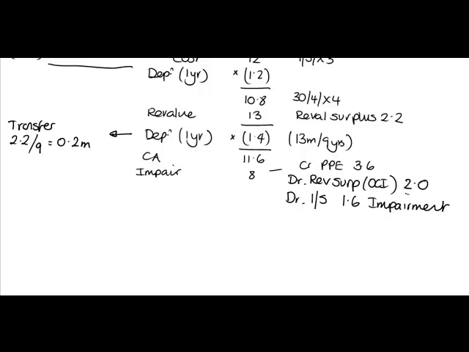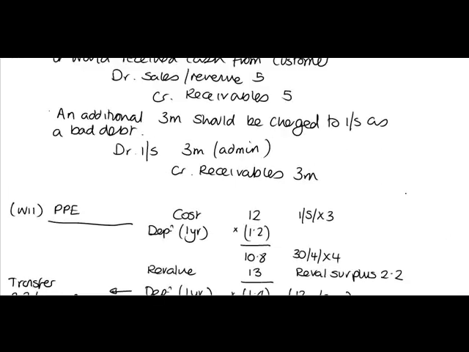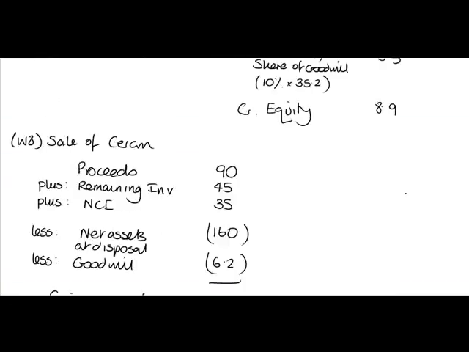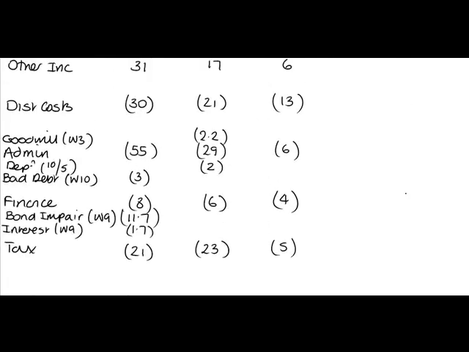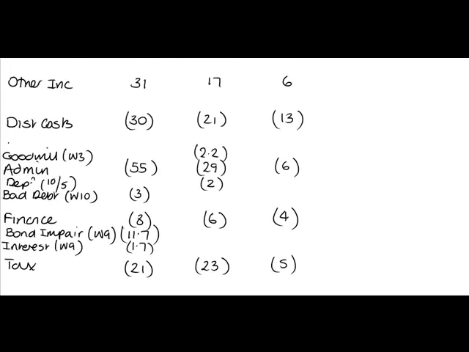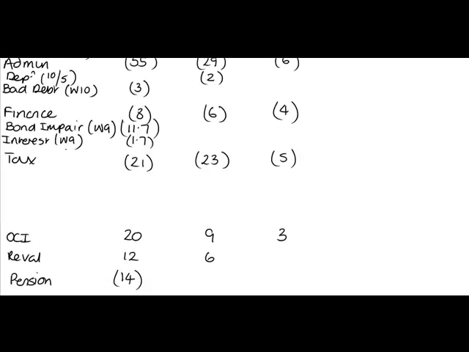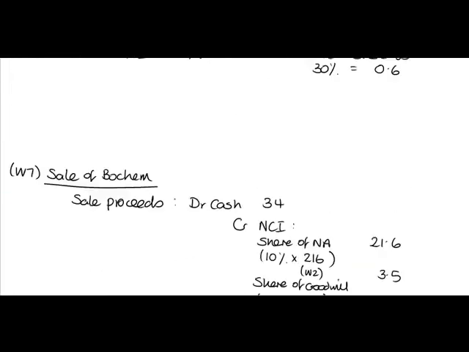So I'm going to take that 1.6 impairment and charge that to the income statement, admin costs, impair 1.6, and that's come from working number 11. Now remember, if this was a real exam, you wouldn't have even reached this stage because you'd have used up the full 35 minutes worth of time.